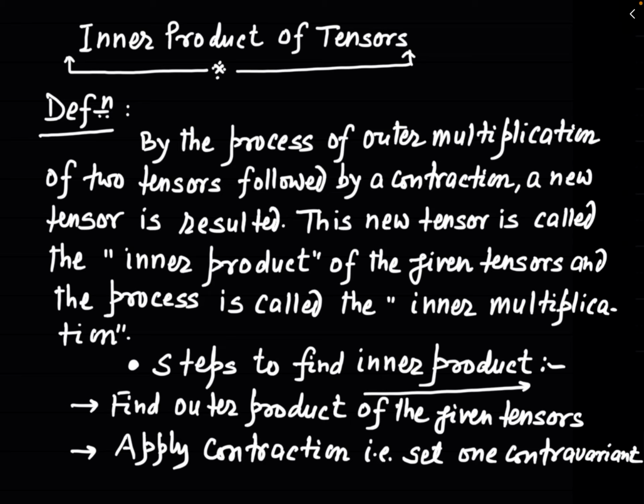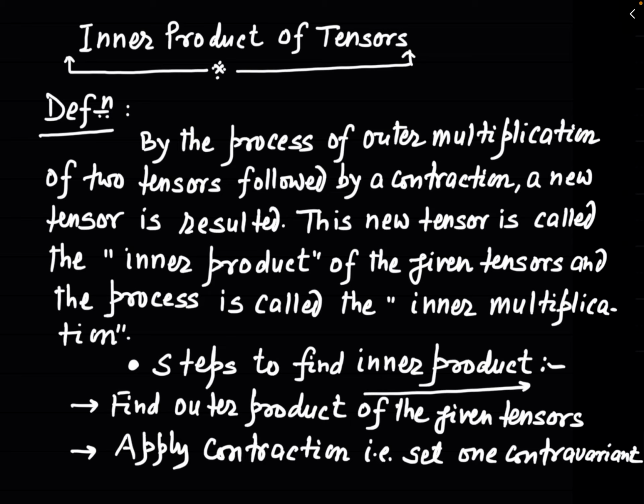Now today we will see the concept of inner product of tensors. So first of all we will see how this inner product of tensors is defined, and then we will learn how the inner product of tensors is found.